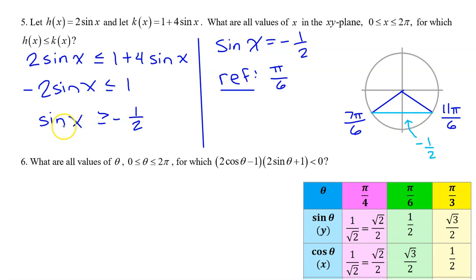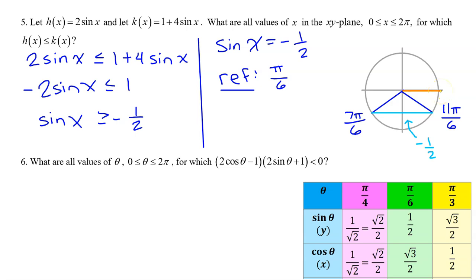We are looking for where the vertical displacement is greater than or equal to negative 1/2. So we are looking for the angles where the y value will be above this blue line. Since the domain goes from 0 to 2 pi, including 0 and 2 pi, we have to start our rotation at 0 and then end at 2 pi.